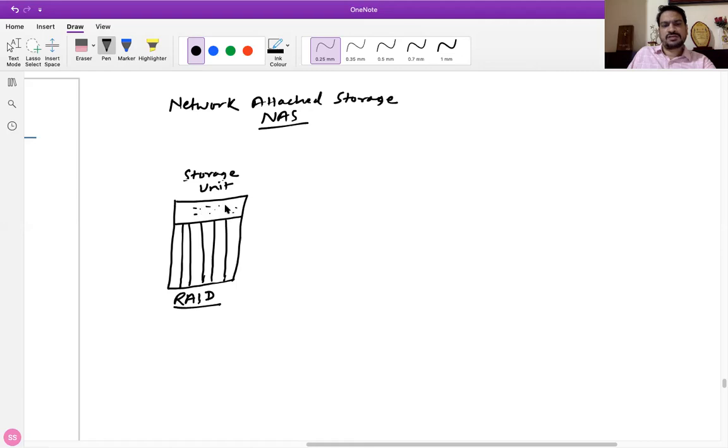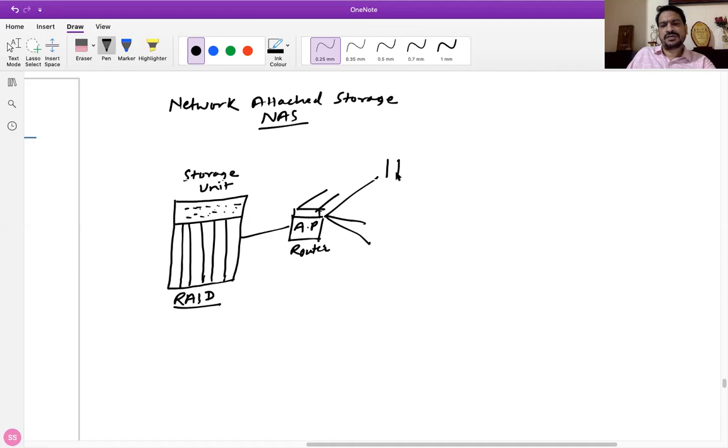Here we have some sort of controller which will give power to this particular unit. And this unit is attached to some sort of access point, or you can say some sort of router, and with the help of the router, many computing devices are attached.